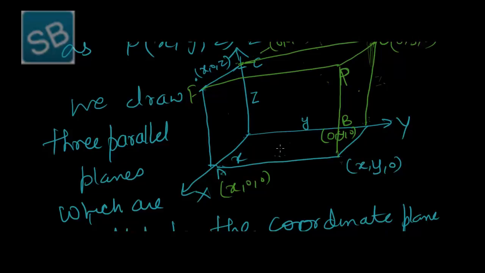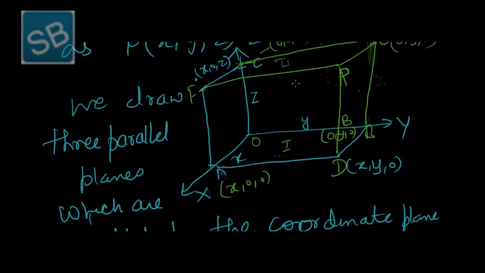So here, this is the first plane, that is this xy plane, its parallel plane is here, and this is a front plane. If we see, this plane contains y and z. So plane A, D, P, F is the YZ plane, and similarly O, B, C, E is also a YZ plane.